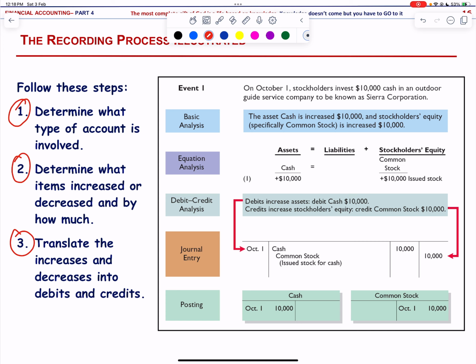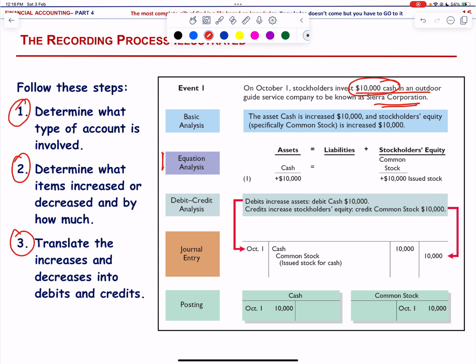So on October 1, stockholders invest 10,000 cash in an outdoor guide service company to be known as Syra Corporation. In this case, cash is increasing, and at the same time common stock is also increasing, as we did in the previous video.